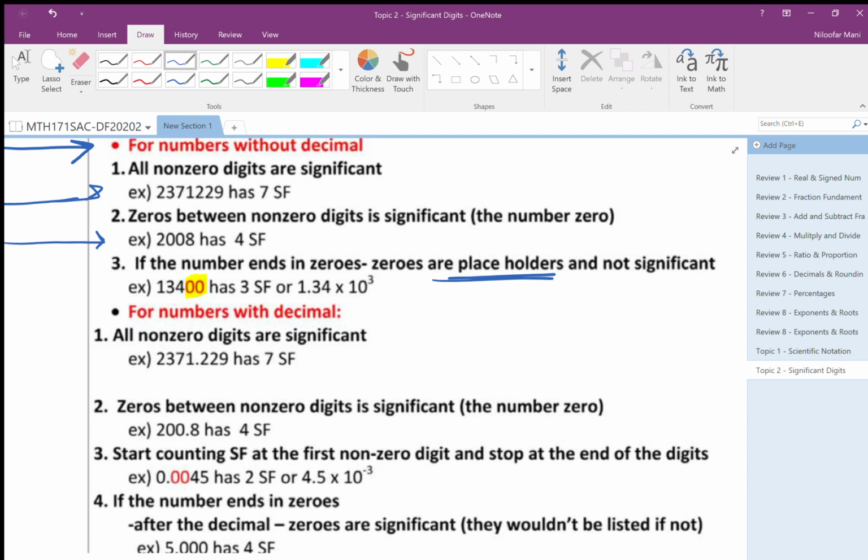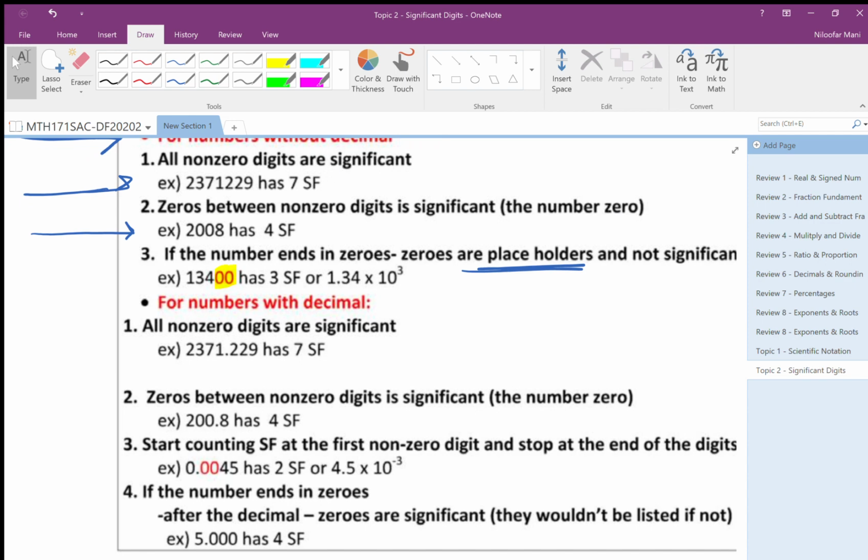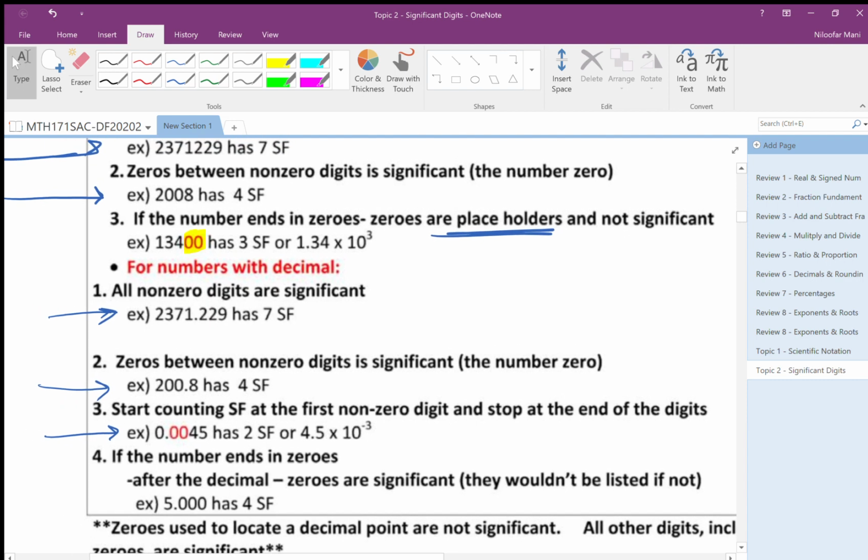The next, if I have a decimal and I don't see any zero, I count them all. If I see zero between non-zero digits, I count them all. If I see zeros before the first non-zero digit, I don't need to count them, because again they are removed if I go to scientific notation.